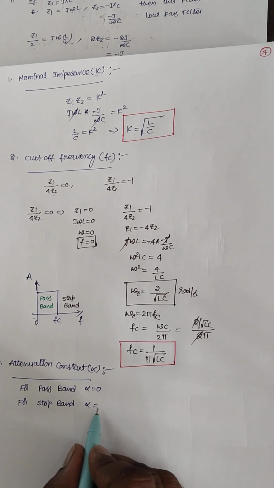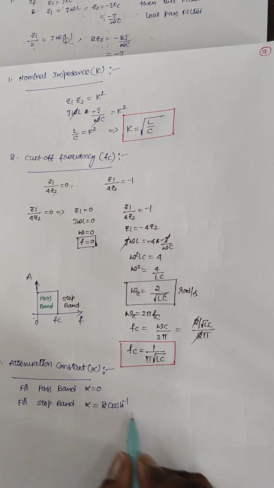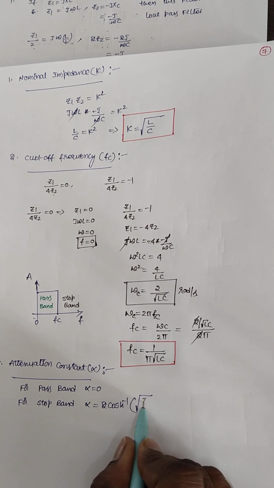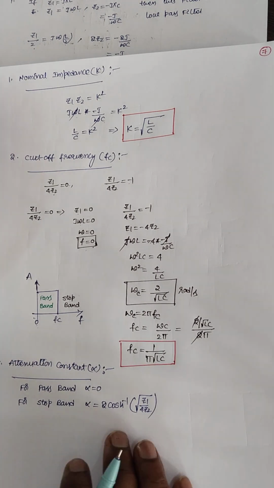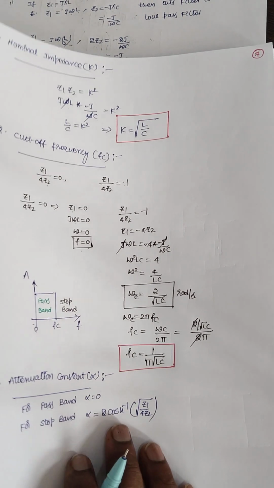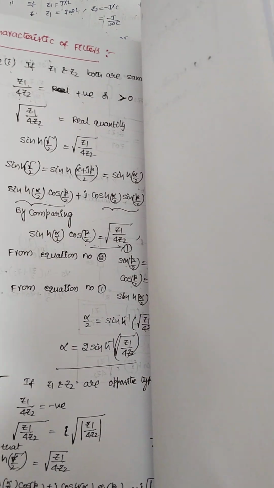for the stop band, this expression is 2 cosh inverse of square root of z1 by 4 z2. I think we already found this expression in case number 2.